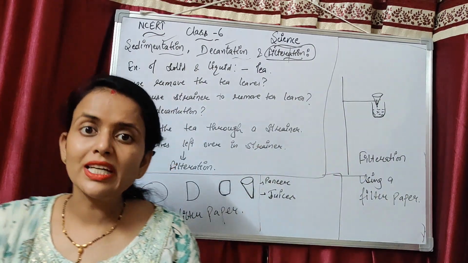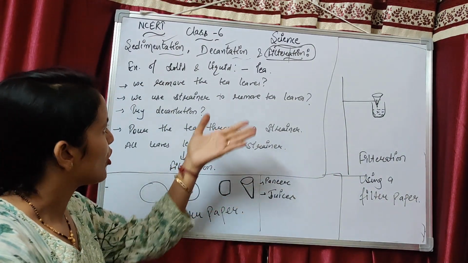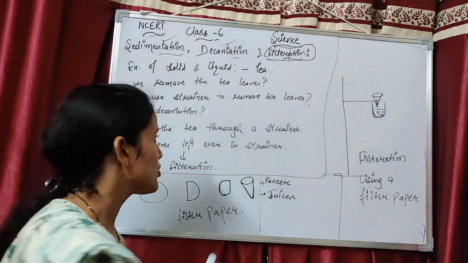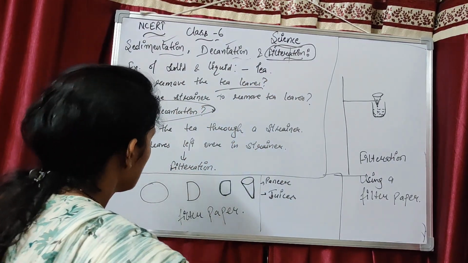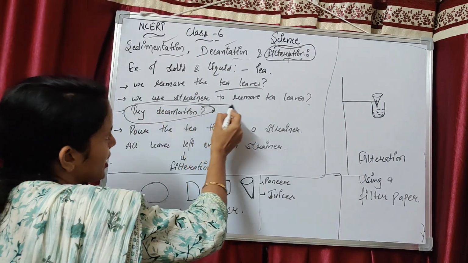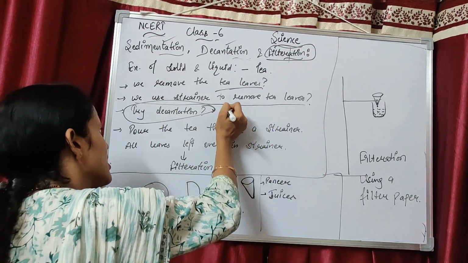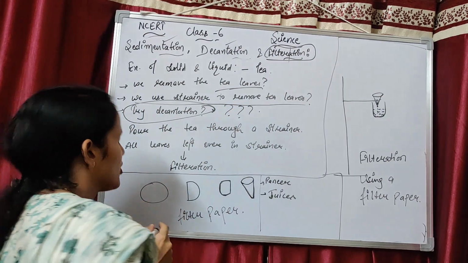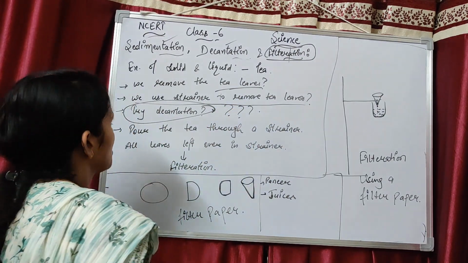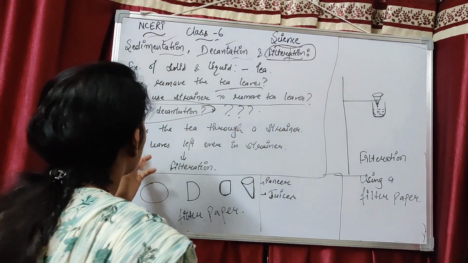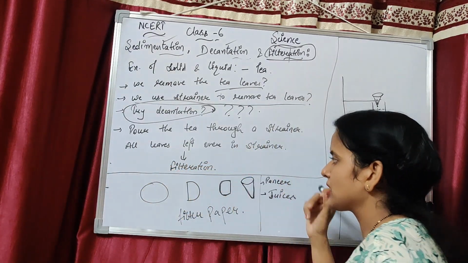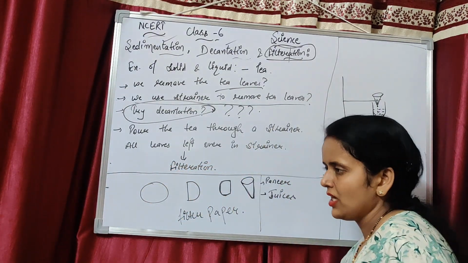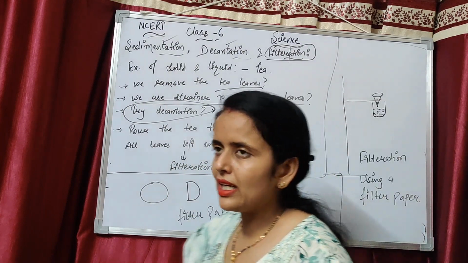Why don't we use the decantation method to remove the tea leaves? When we pour the tea through a strainer, all the leaves are left in the strainer. This is called the filtration method. Let me explain in detail.